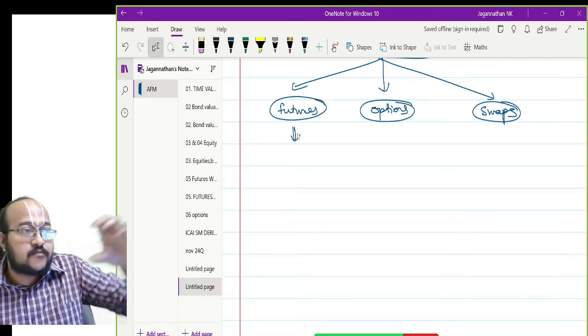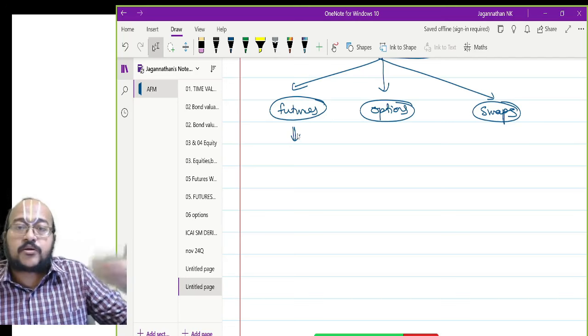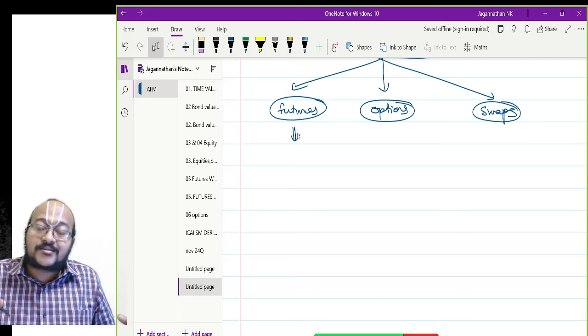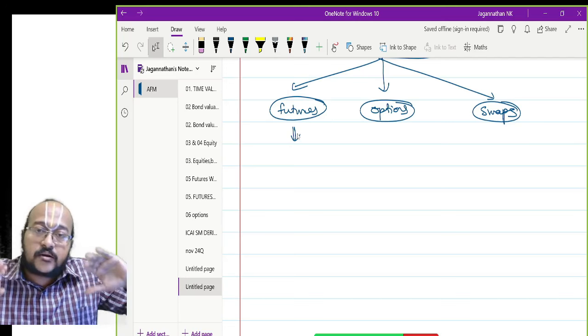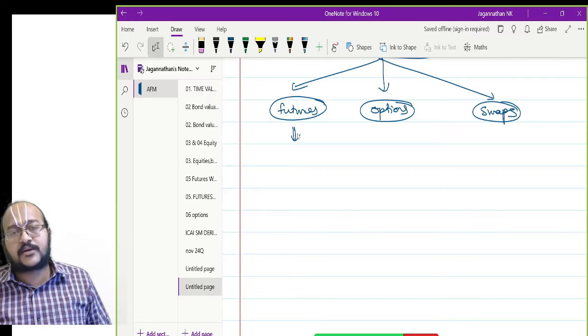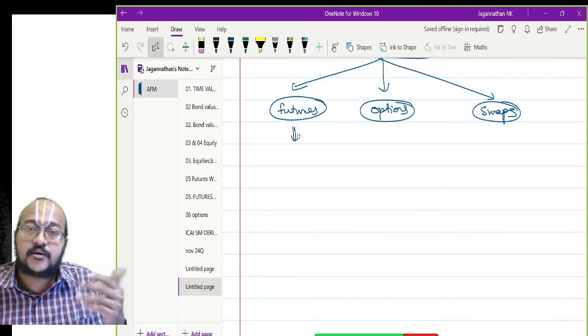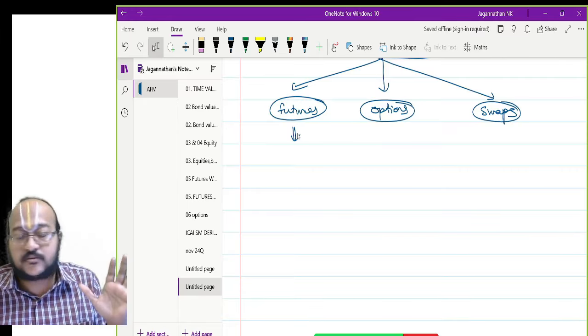The RBI will fix the interest rate at 8.5%, 6%, and keep changing the monetary policy. Based on interest rate, if you put some derivative, that is called interest rate derivatives: interest rate futures, interest rate options.